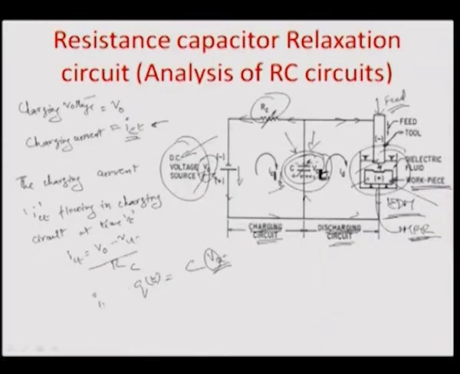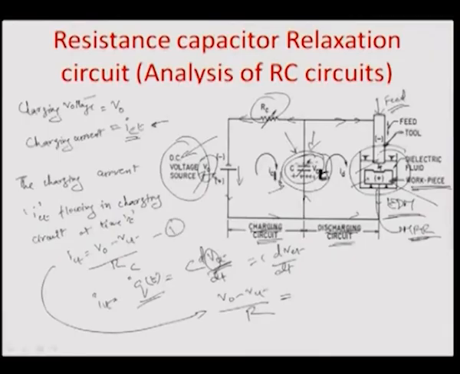So, Ic(t) is really nothing but Q dot (t). So, you can simply have it as C dVc(t) by dt, and therefore, you can say that this (V0 minus Vc(t)) by R, which has also been predicted from the earlier equation 1, is actually equal to C dVc(t) by dt.